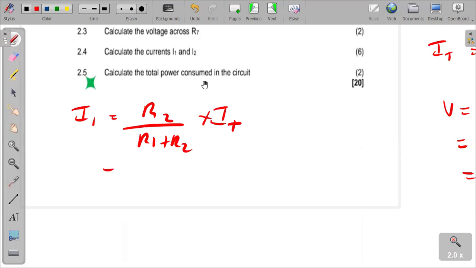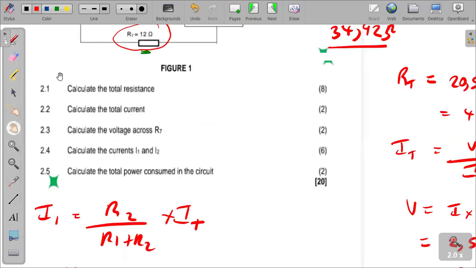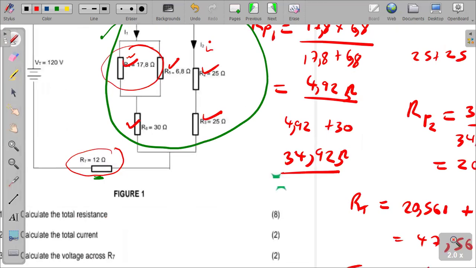So what is our R2? R2 is the effective resistance of this whole branch, the one we got is 34.92 ohms. And what is the effective resistance of this whole branch? What is our R1? It is the effective resistance of this whole branch, 25 plus 25, the one we got is 50 ohms.